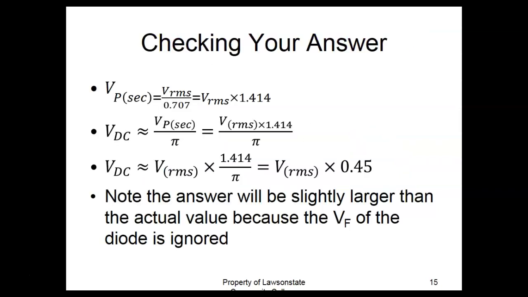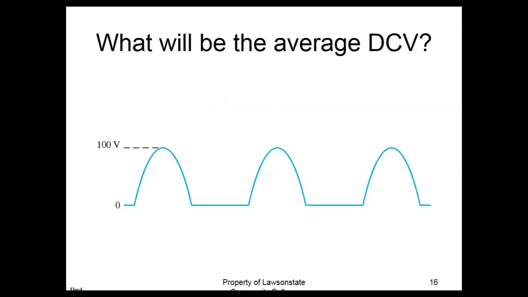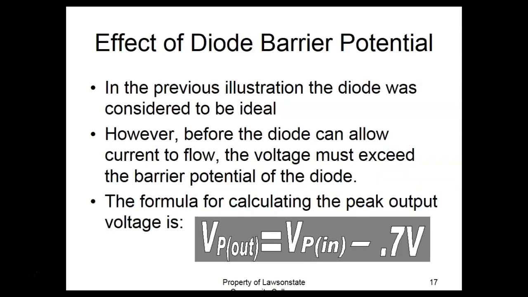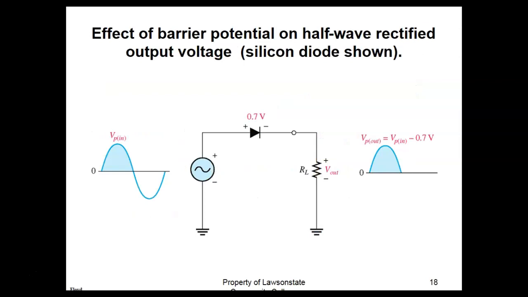And of course, like I said, you could try to remember these fractions, but I just like to remember the rule because the fractions vary. V peak out. So this right here we'll calculate as V peak, and this over here we'll call V peak out. And this is going to be equal to V peak minus the VF, or the forward voltage drop of the diode.